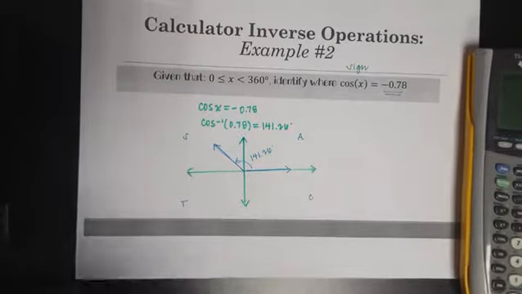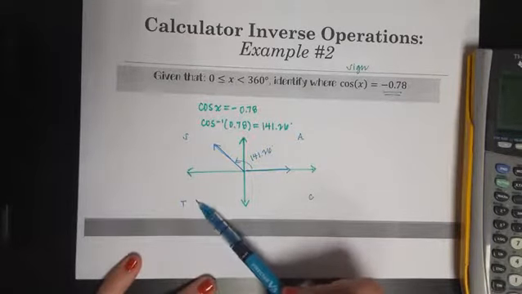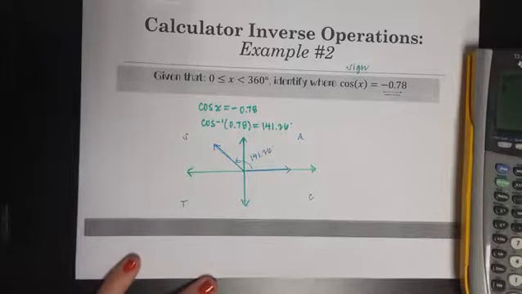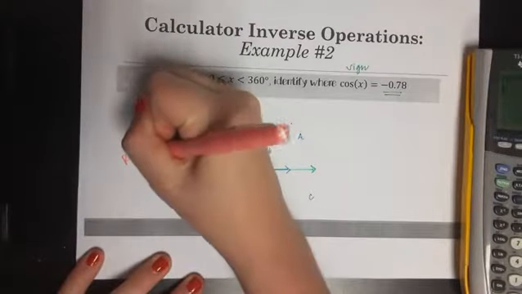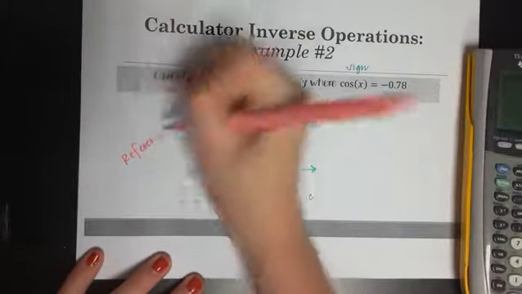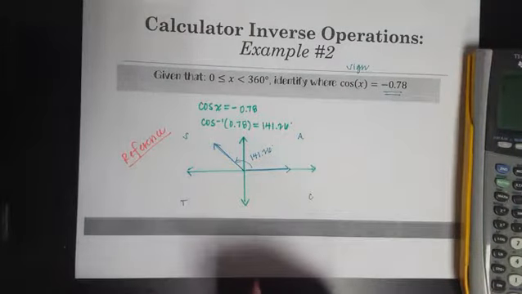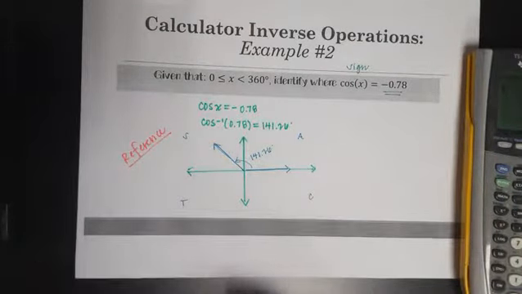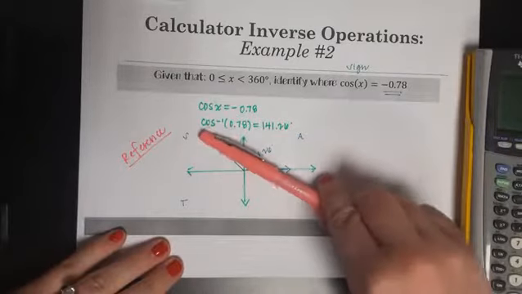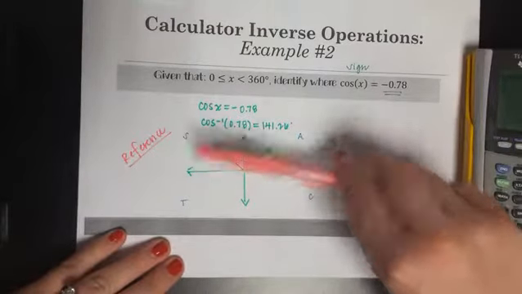So I need to figure out, okay, what's going to be the angle here? This will involve one more step than what we saw in the previous example, because we are working with reference angles. It's really important to remember that we're not just working with the values of the angles themselves. We're working with the reference angles, which we talked about in our last section, are the values that get you to the closest x-axis.